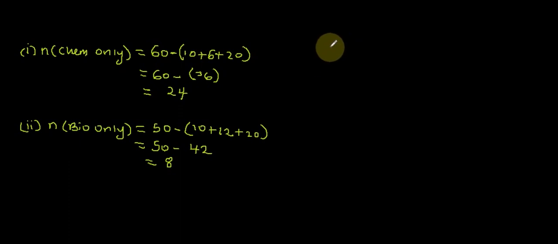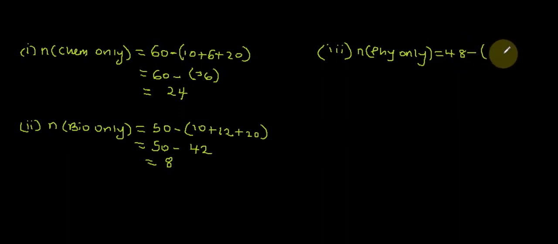The third question says we should find the number of students offering physics only. So we know that the total number of students offering physics is 48. So we do 48 minus 10, which stands for the number of students offering the three subjects.